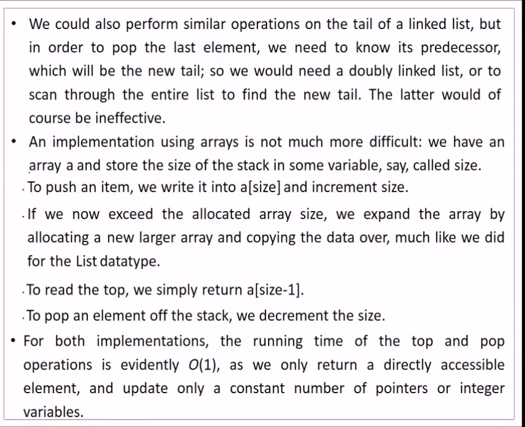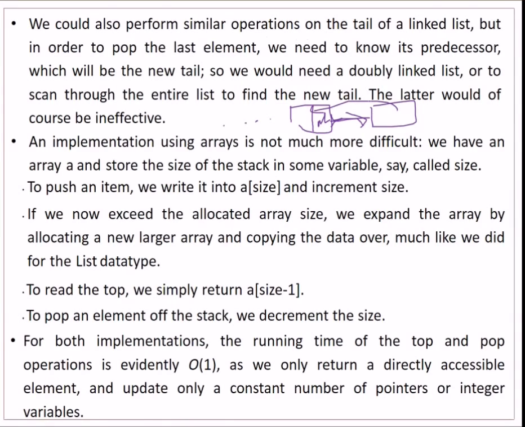But in order to pop the last element, we need to know its predecessor also, which will be the new tail. Because if you have various nodes here, and this one is the last, to remove it you need to know this one, because this is actually going to have a null at the last. So we need the predecessor, which will be the new tail.